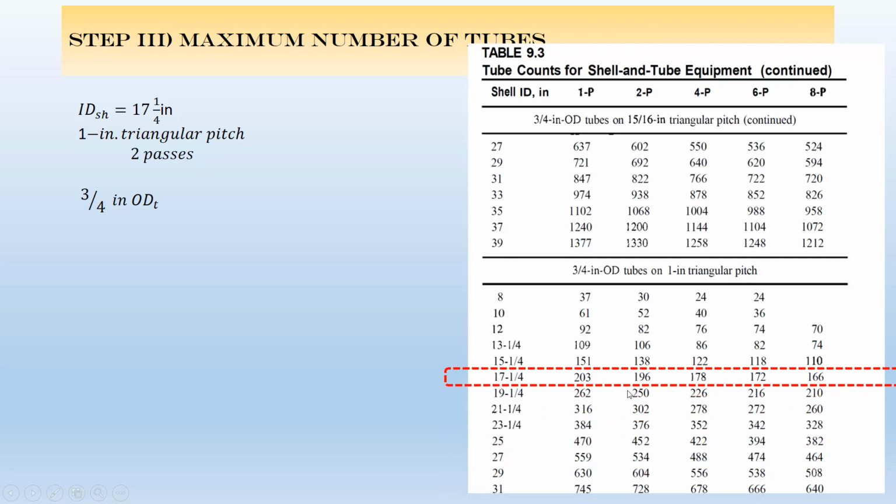So if you use all this information, the ID, number of passes, and pitch size, you can find the maximum number of tubes. So the maximum number of tubes is 196. You need to know the number of tubes because you need to calculate the heat transfer area. So you need to know the total number of tubes.